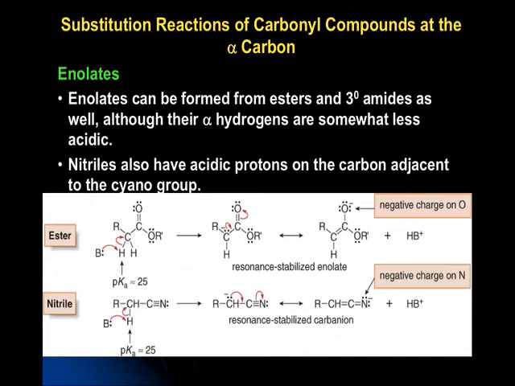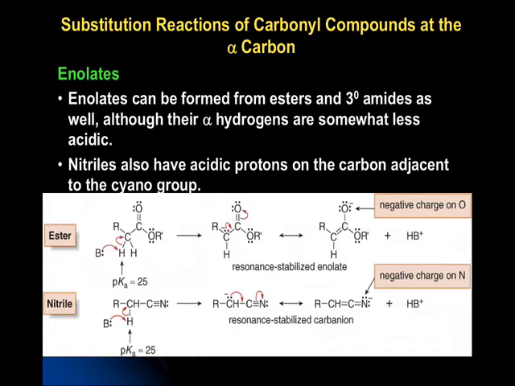Other than the fact that somebody sat there and titrated this and figured it out, why would an ester have such a much higher pKa, nearly 6 orders of magnitude difference in acidity? Why would an ester be less acidic than a ketone or an aldehyde?